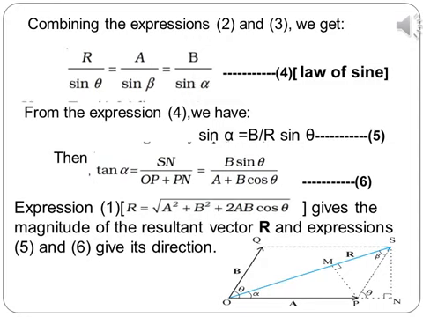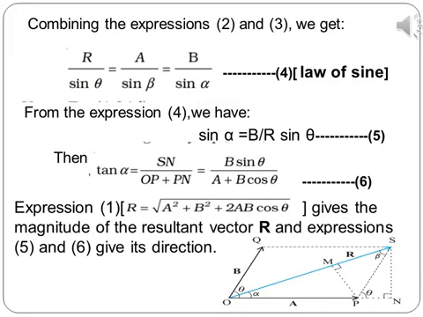From the right triangle ONS, tan alpha is equal to opposite side divided by adjacent side, which is equal to SN divided by ON is equal to SN by OP plus PN, which is equal to B sin theta divided by A plus B cos theta, which is the expression 6.